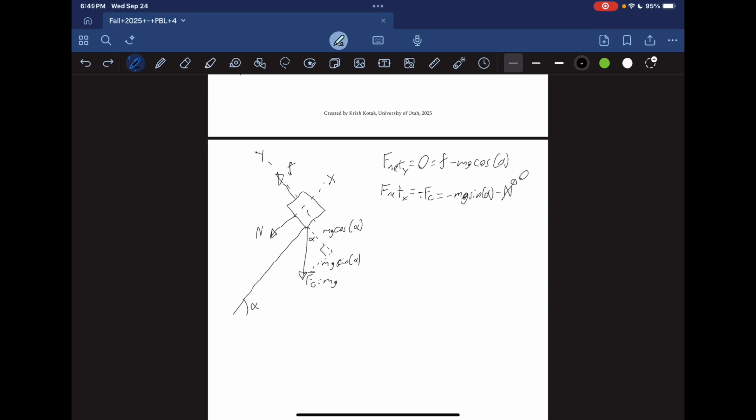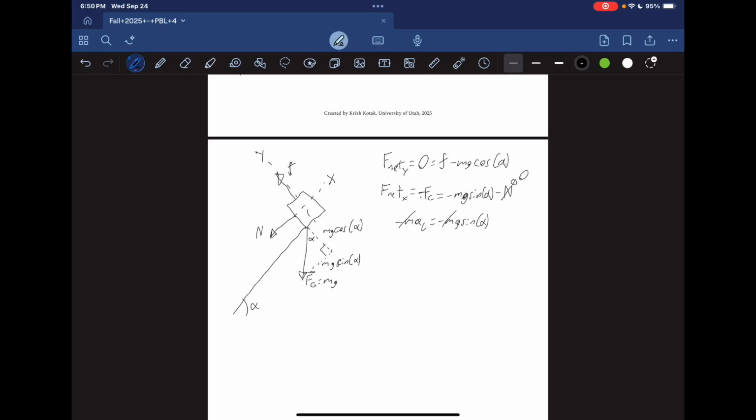So yes, you're touching the wall, but there's no force in that opposite direction to cause that. So we now have negative centripetal force, which is just mass times centripetal acceleration, equals negative mg sine of alpha. We weren't given mass, but you'll see it doesn't matter.